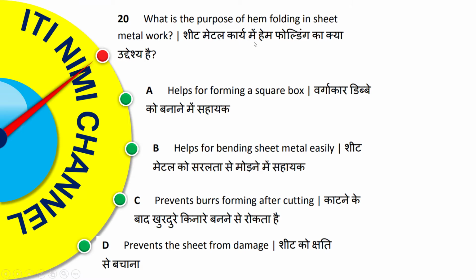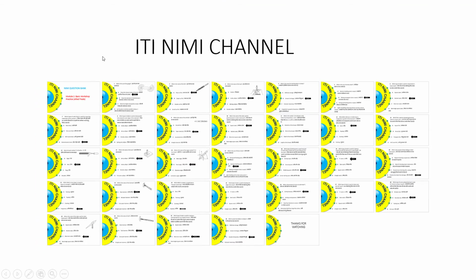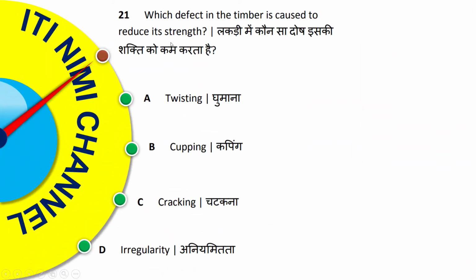What is the purpose of hem folding in sheet metal work? Helps for forming a square box, helps for bending the sheet metal easily, prevents burr forming after cutting, prevents the sheet from damage. The answer is prevent the sheet from damage. Which defect in the timber is caused to reduce its strength?